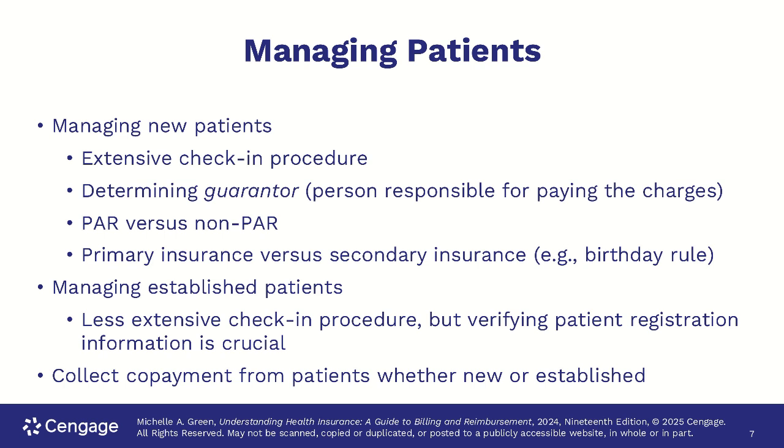We have technology today where we can verify what services are covered. We also want to identify who's responsible for the bill. So if it's a kid, their parent is responsible for the bill. And sometimes the patients have more than one insurance, right? So they have insurance by the mother and insurance by the father.